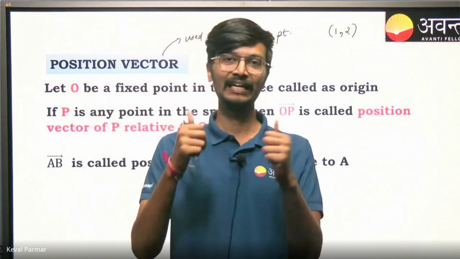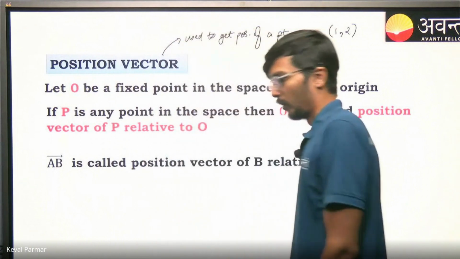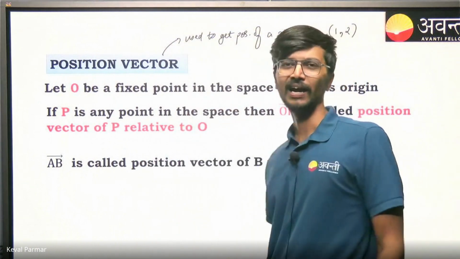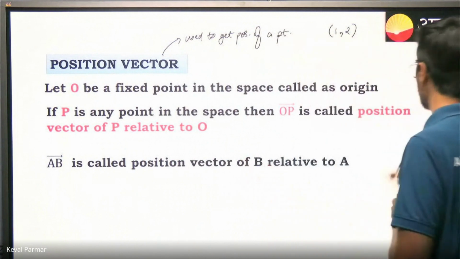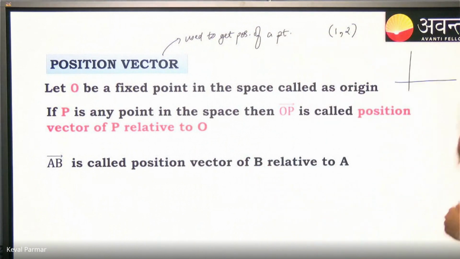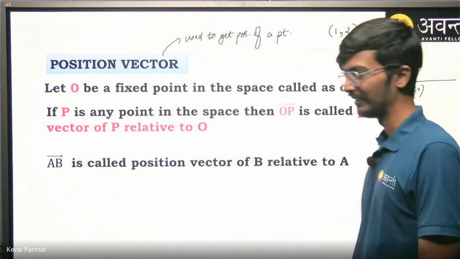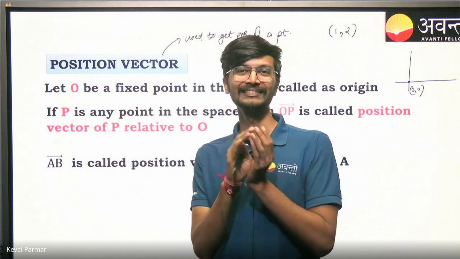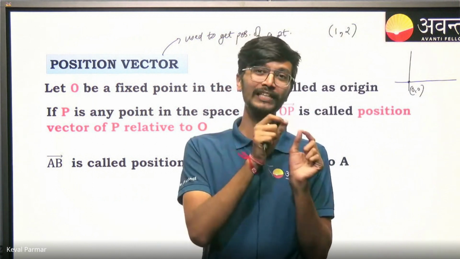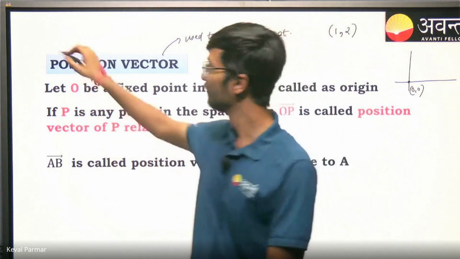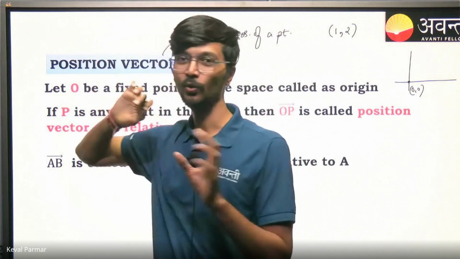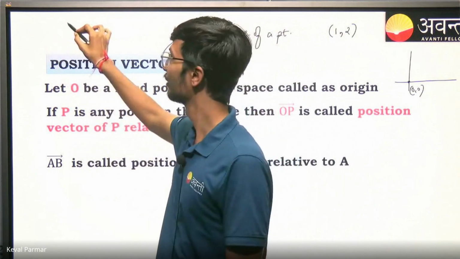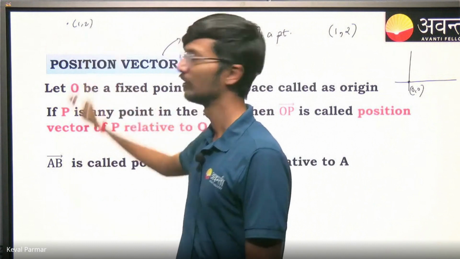So what will you people do? Basically, every one of you will first draw the coordinate axes and get the origin, because the point (1, 2) makes sense only when the origin is there. Without using the origin and without using the x axis and y axis, you cannot write (1, 2) anywhere. That makes no sense.